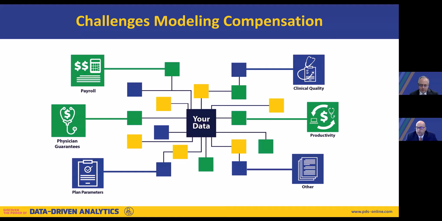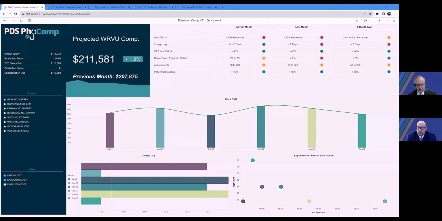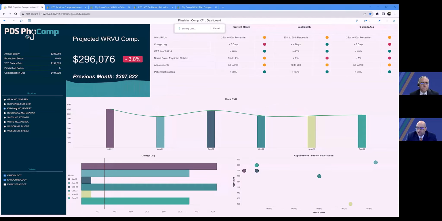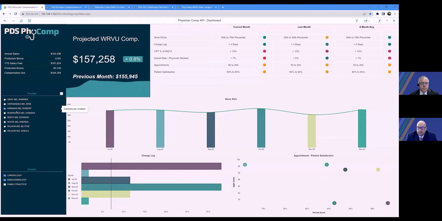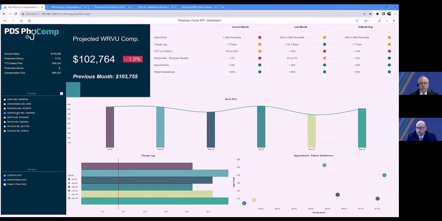And the real trick here is to try to turn what you see here into something like this, where you have an interactive visual that can be utilized by physicians and management, showing key trends in the calculation of the compensation with some other supportive metrics that may help the physician self-manage. But it can be tough to get there.